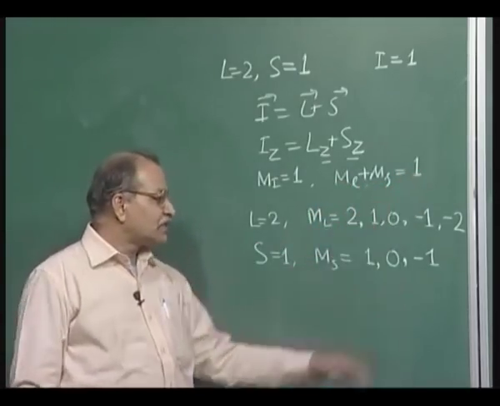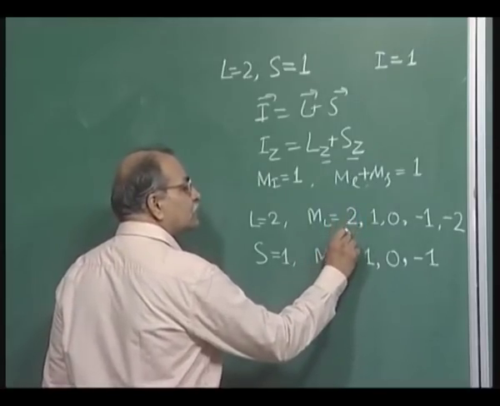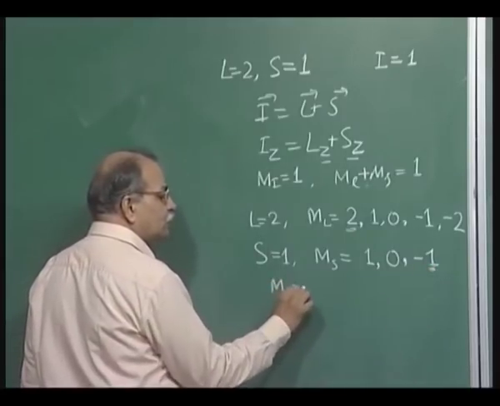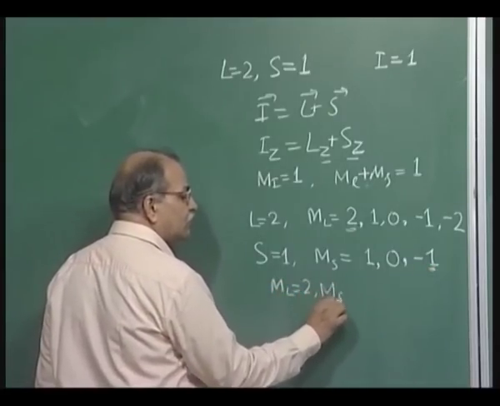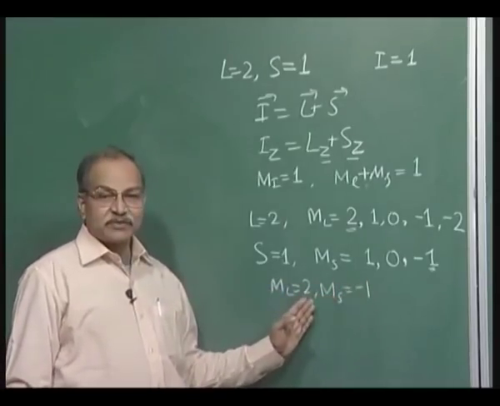What combinations are allowed? One combination is M L equal to 2 and M S equal to minus 1. This will give you M L plus M S equal to plus 1.